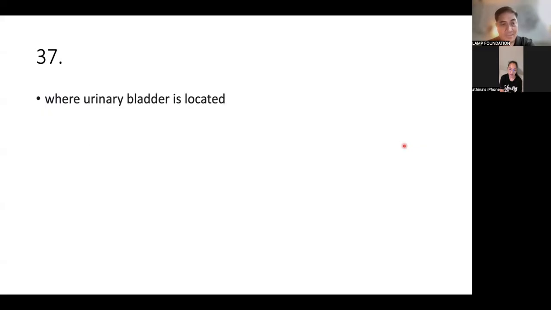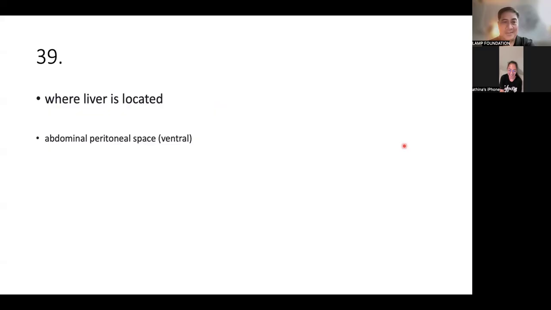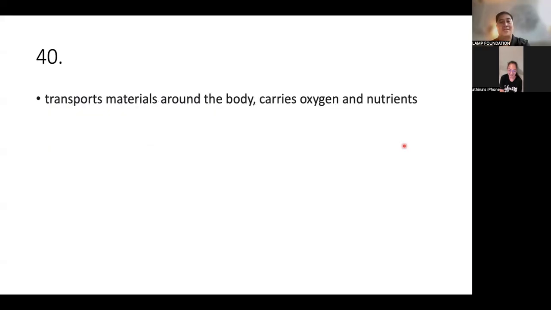Urinary bladder, the pelvic cavity as well. Lungs, the thoracic cavity. What other organ is also located in the thoracic cavity? The heart, right? Yes. The liver. The liver is in the abdominal peritoneal space. Okay. What other organ did we mention? Stomach. Yes. So yeah. Okay, let's go to systems.